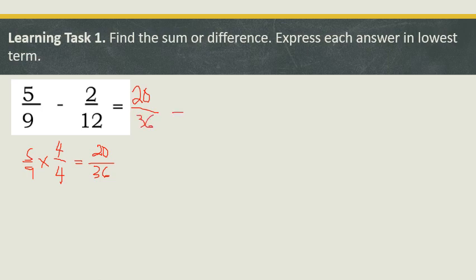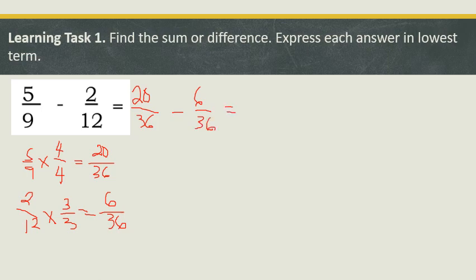Then, yung 2/12. So, saan natin siya pwedeng i-multiply para maging 36? So, pwede natin siya i-multiply sa 3. So, yung 2 times 3 is 6. So, kaya yung 2 over 12 ay magiging 6 over 36. Then, ipag-subtract na natin.